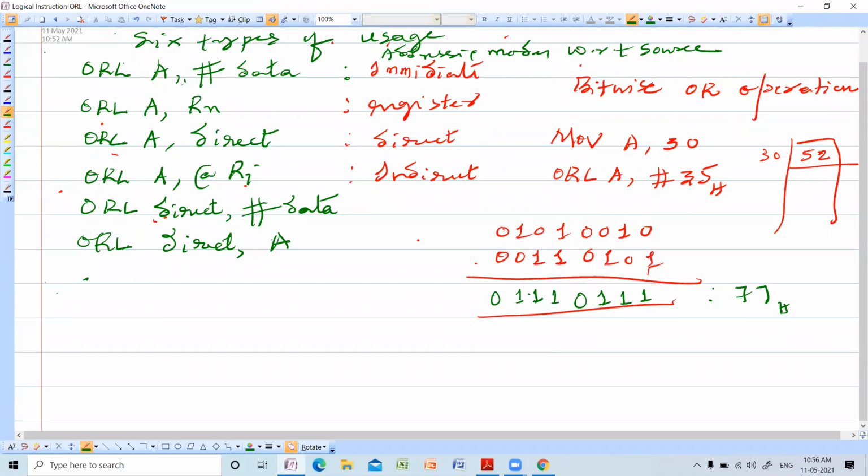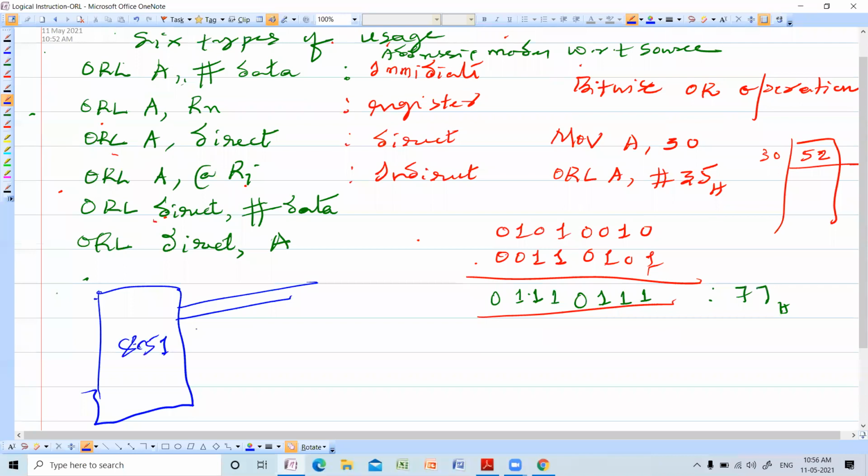So what is the application of this? Suppose this is the 8051 microcontroller and various port lines are there. I am just taking one port, maybe port 1.